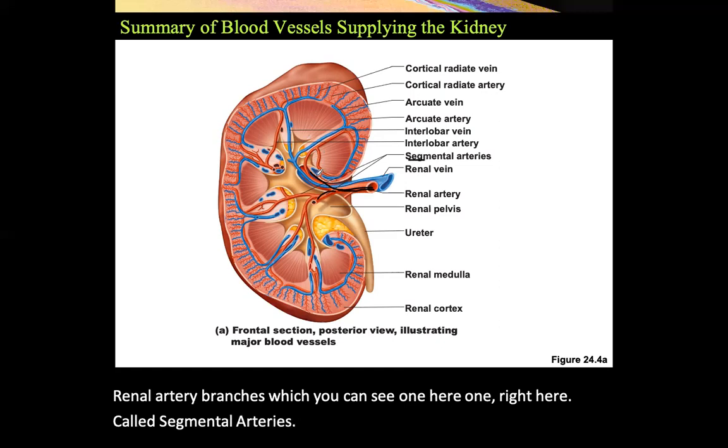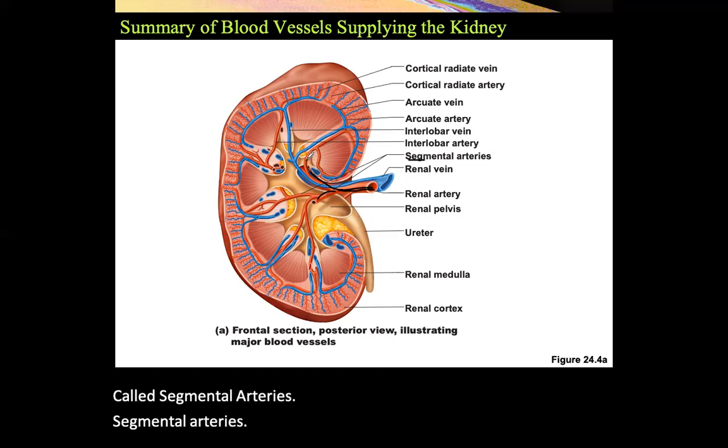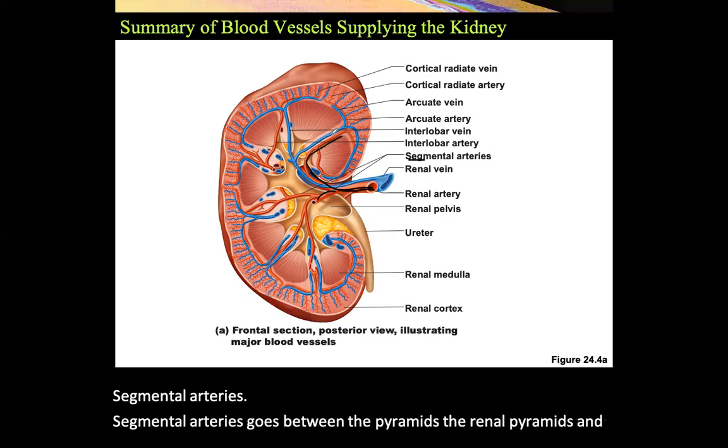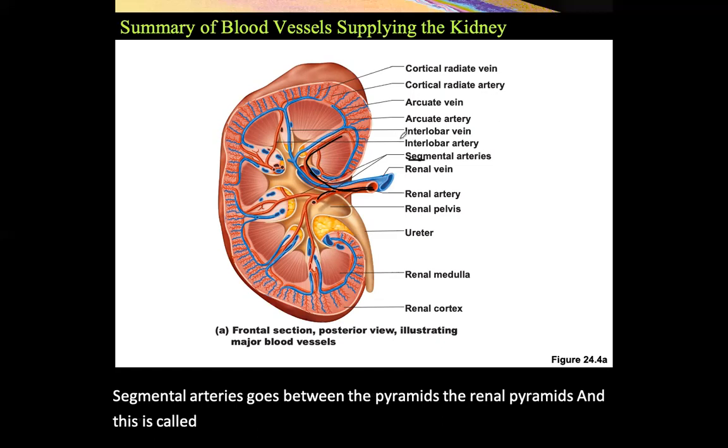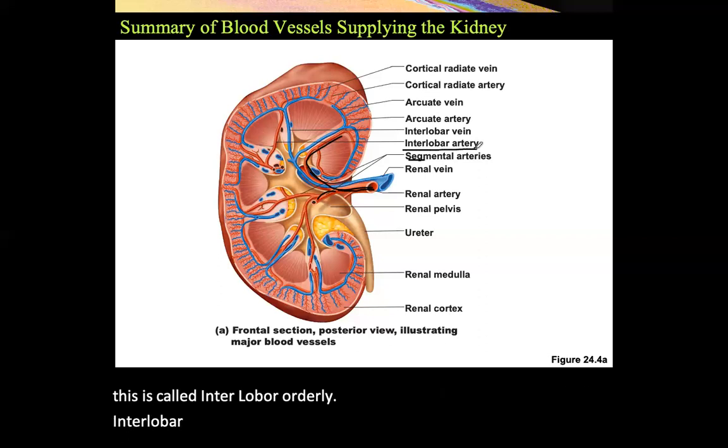Segmental arteries. Segmental arteries go between the pyramids, the renal pyramids, and this is called interlobar artery. Interlobar artery, as in in-between lobes.